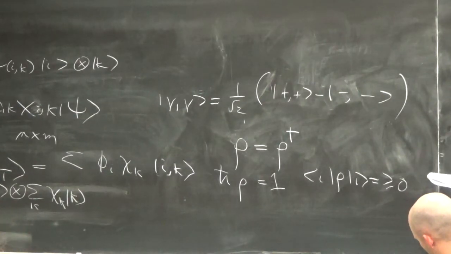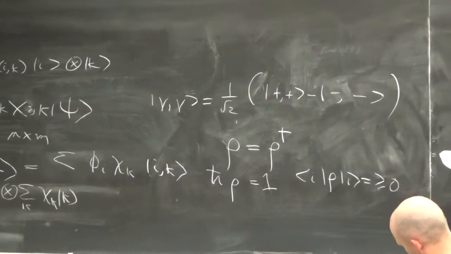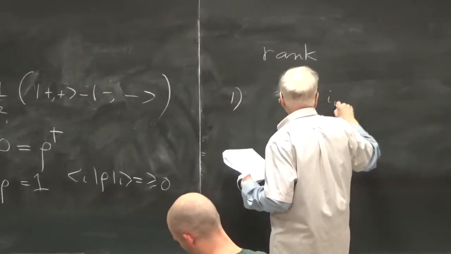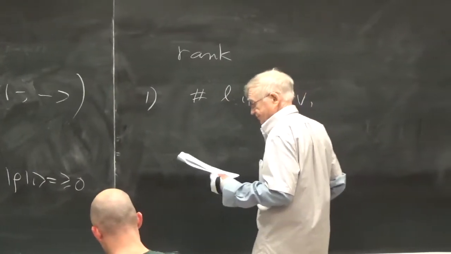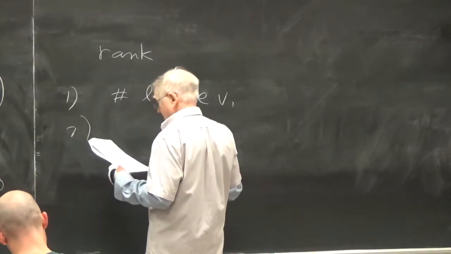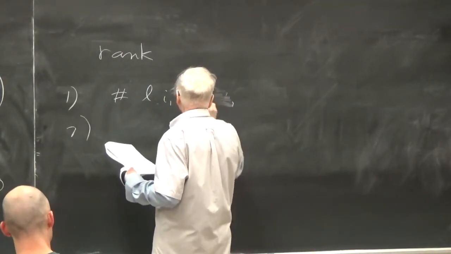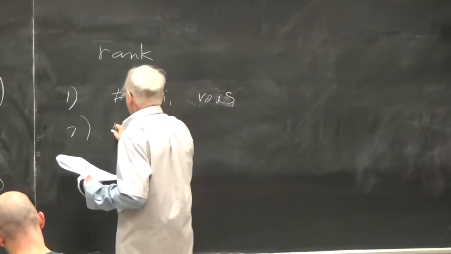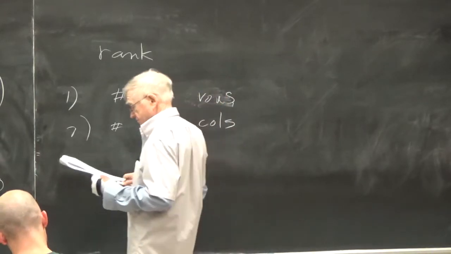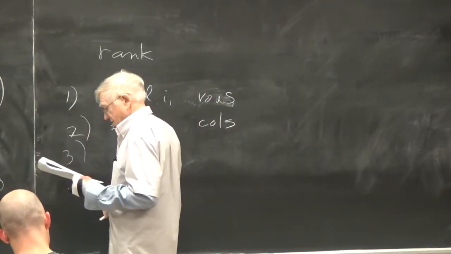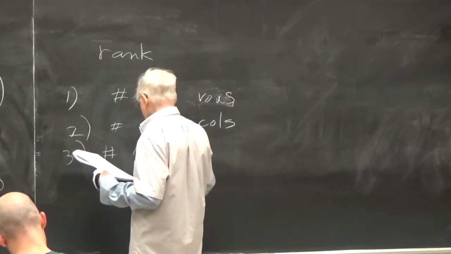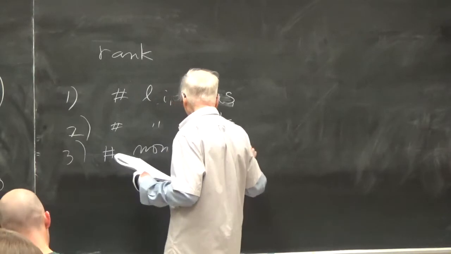Okay, let me now give you one more thing to chew on, namely the rank of a matrix. One, it's the number of linearly independent rows, not eigenvectors, rows. Second definition, the number of linearly independent columns. Third is the number of non-zero singular values.